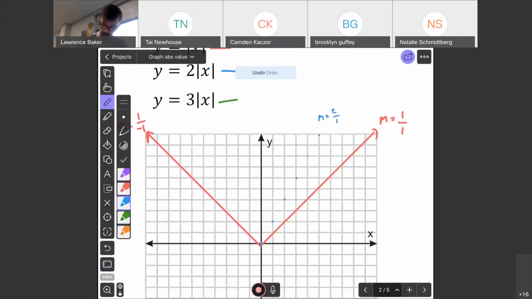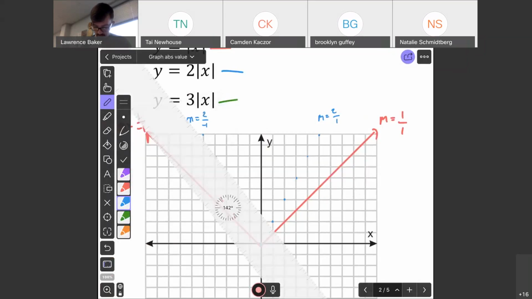And going back to the vertex, we'd go up 2, left 1, up 2, left 1, up 2, left 1. And so our slope would be 2/-1. So something like that.